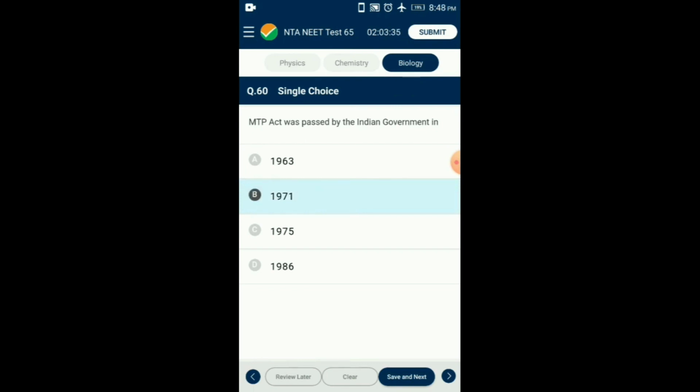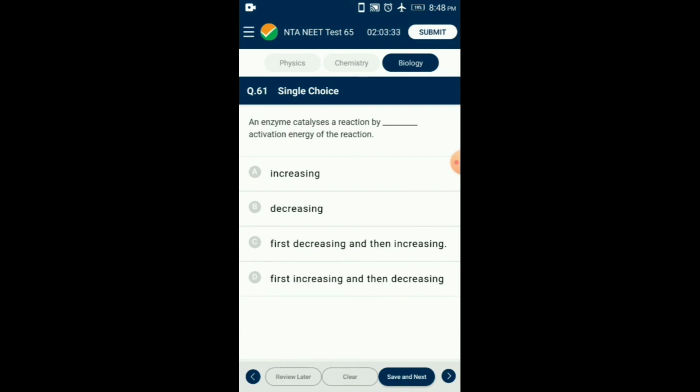Question number 61. An enzyme catalyzes a reaction by dash activation energy of the reaction. An enzyme catalyzes a reaction by lowering the activation energy of the reaction so that the reaction can occur at normal cellular conditions.